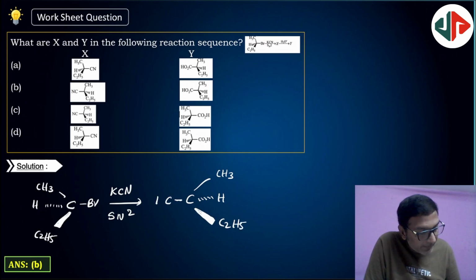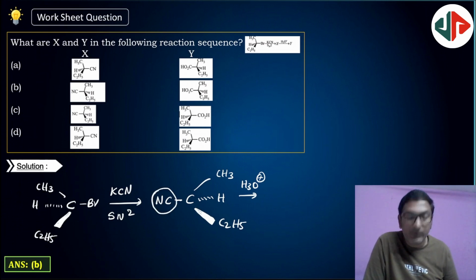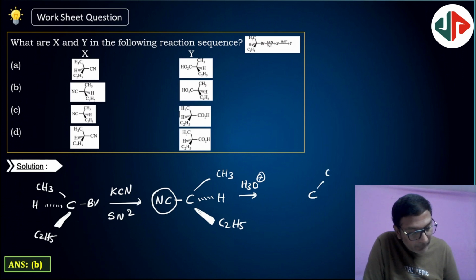Here CN, cyanide will be formed. Next, after that, hydrolysis, H3O plus. So CN will be converted to COOH, means carbon, CH3, H, C2H5, and here COOH.